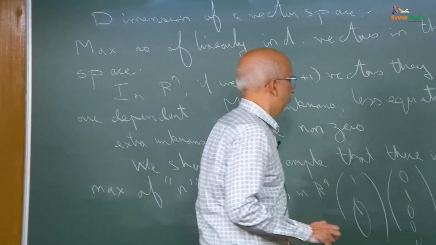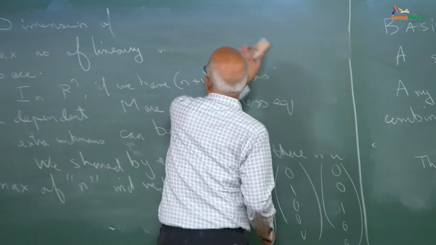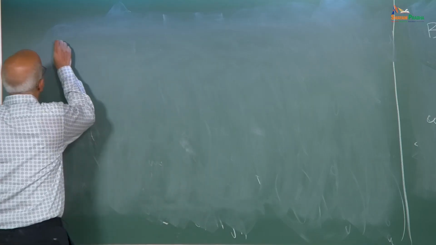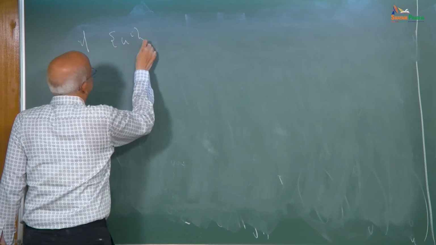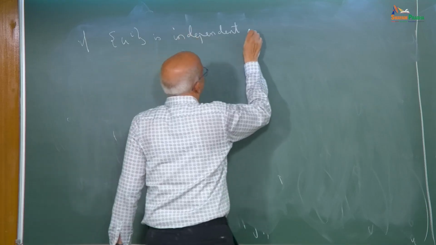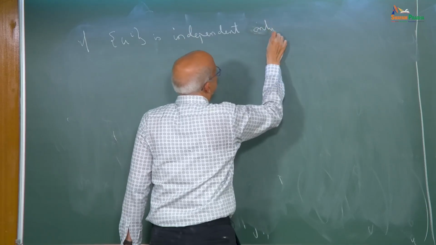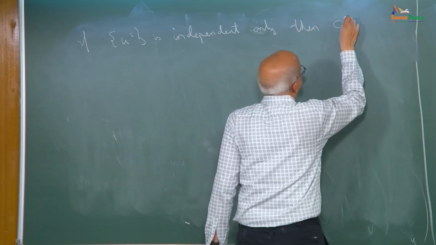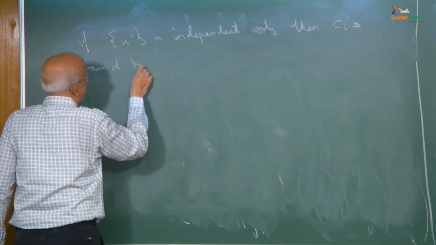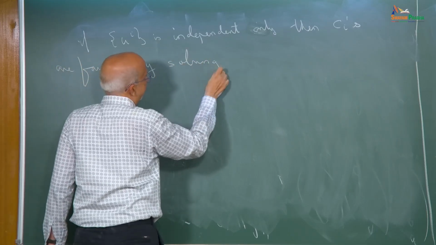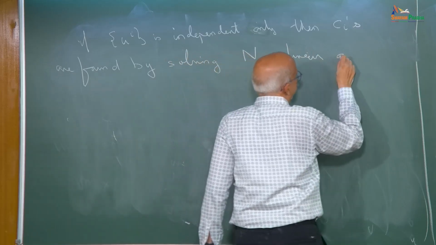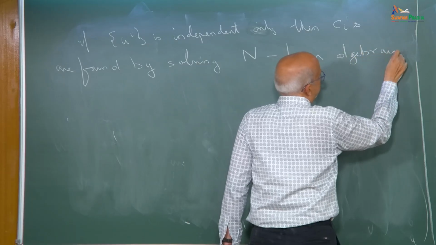Because if ui is independent alone only, then Ci's are found by solving n linear algebraic equations.